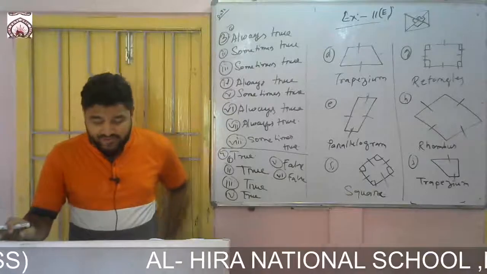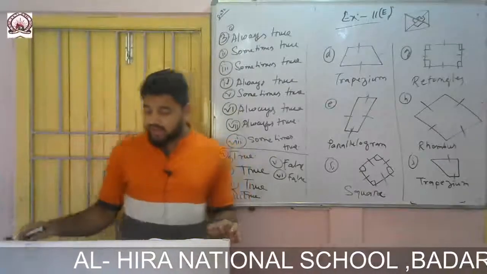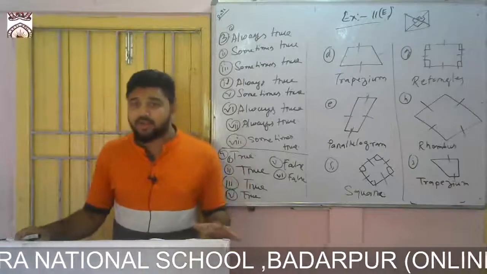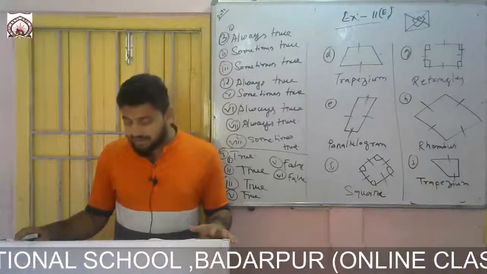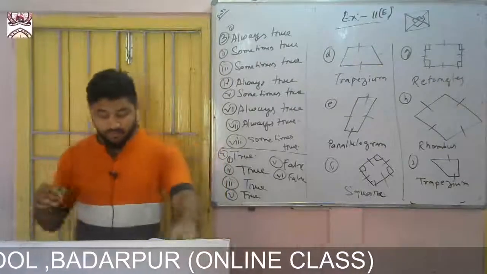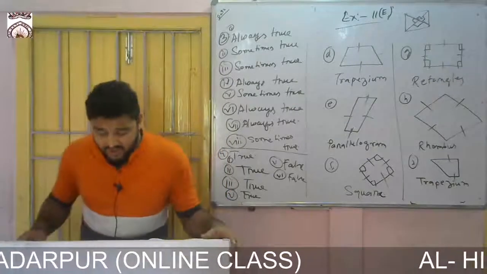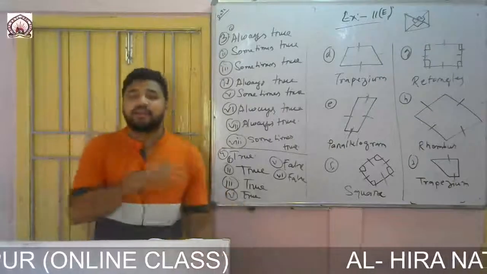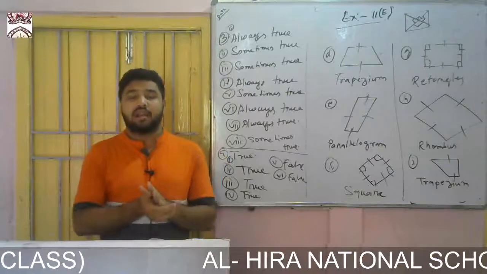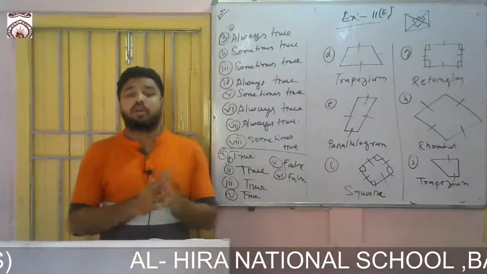Now come to question number 5. A square can be thought of as a special rectangle. Yes, as I said earlier, that means I can say it's a special rectangle. Write the reason. Why?